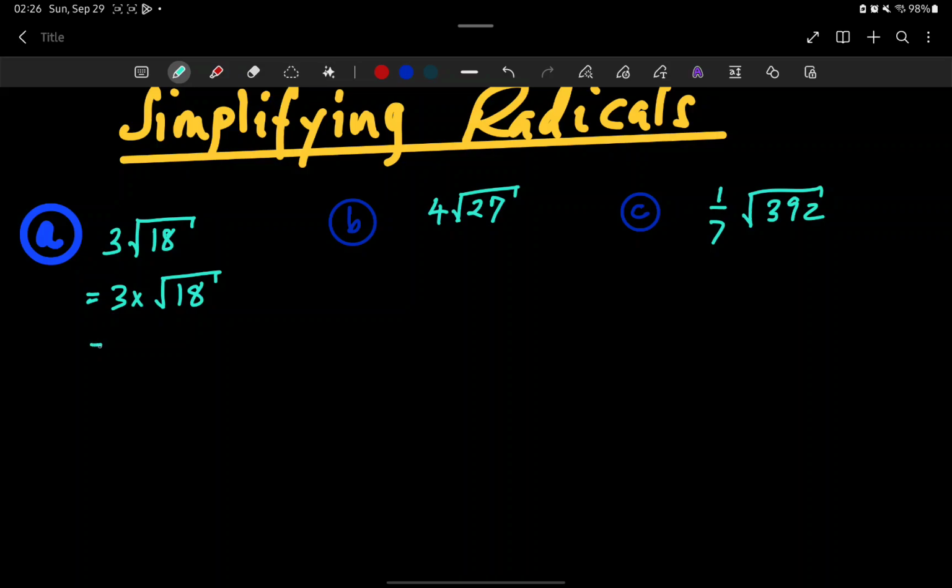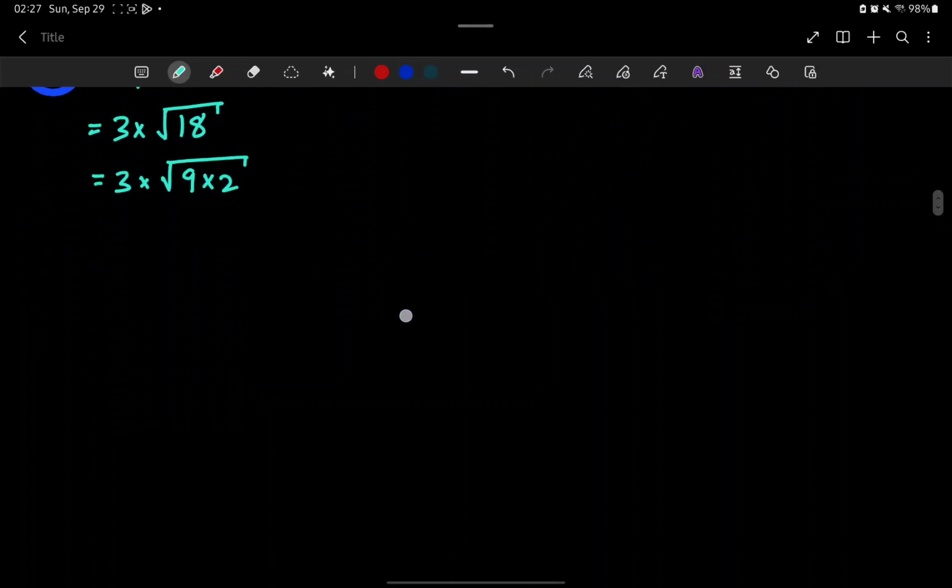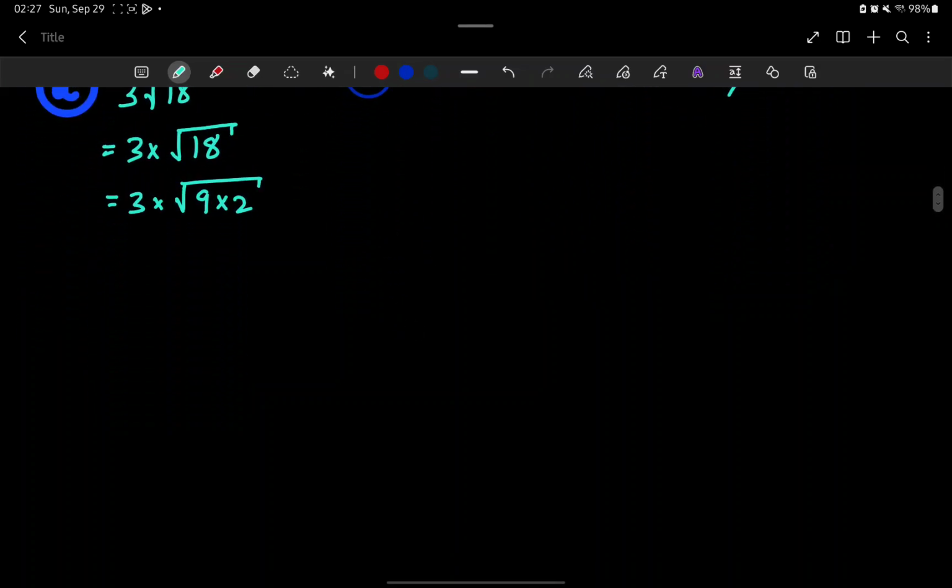So that can be written as 3 outside, times under the root 9 times 2, because 9 times 2 is 18. The reason why we chose 9 times 2 and not 6 times 3 is because 9 times 2 has a perfect square number, which is 9, and the square root of 9 can be found. That's why we chose 9.